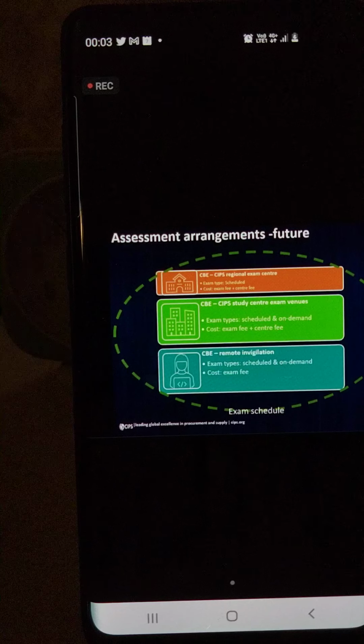So the future is that we have this dotted line as opposed to a green firm line, and that dotted line is really to denote the fact that we are aiming for flexibility. We're aiming to make the assessment arrangements for our learners a process that works for the learners, that is flexible and could be organised in such a way that you might do learning in a block for a 2 or 3 week period, and when you've completed your learning and revision, you then sit your CR exam and then quickly move on to the next CR exam.